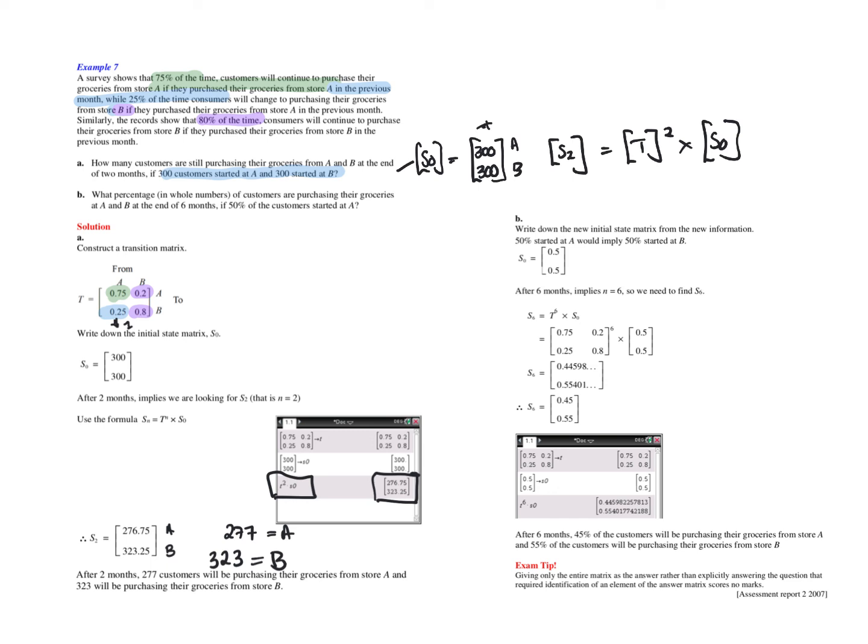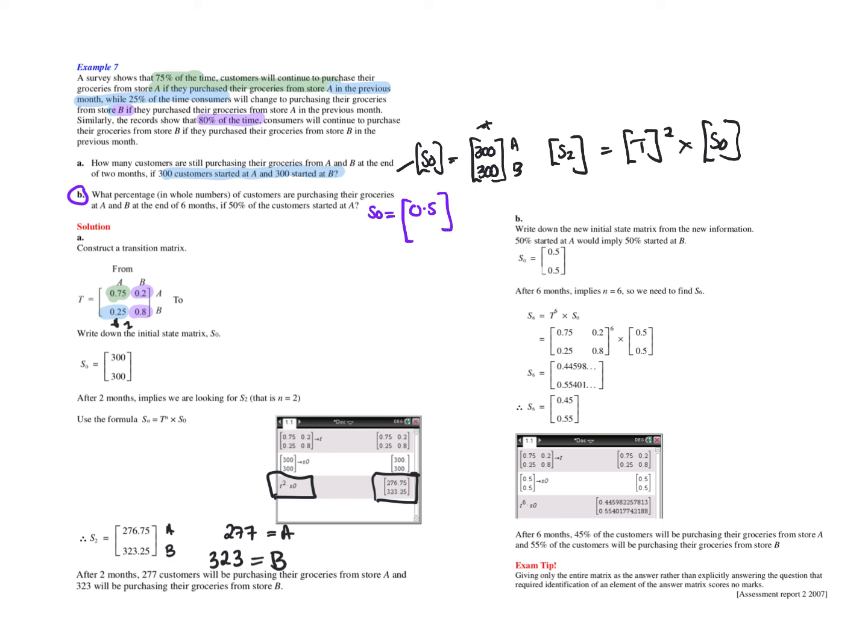Okay, and then they wanted to know what percentage of customers are purchasing their groceries at A and B at the end of 6 months if 50 percent started. So this is another scenario. You're using the same transition, but your S0 is changing. And so we're just going to use a proportion. So you can use 0.5. You could have still used 50 if you like, but it doesn't matter. Well, they've changed it to a 50.